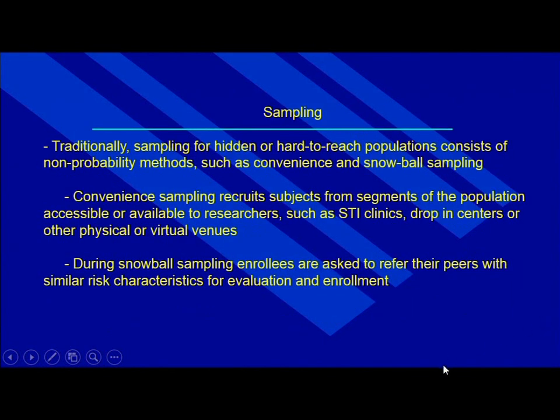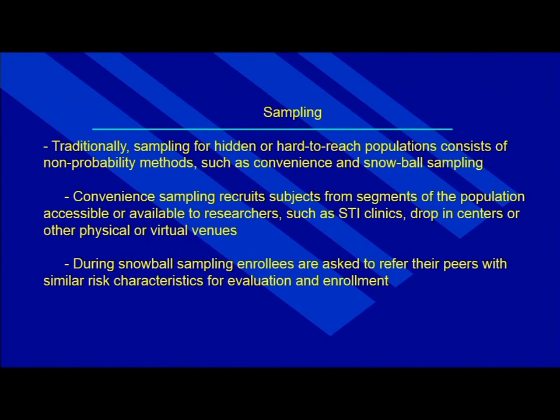So traditionally, sampling for hidden and hard to reach populations consists of non-probability methods such as convenience and snowball sampling. Convenience sampling recruits people from segments of the population that are accessible or available. Where can we find people for HIV research? We find them in STI clinics, in drop-in centers, or other physical and, more recently, also virtual venues.